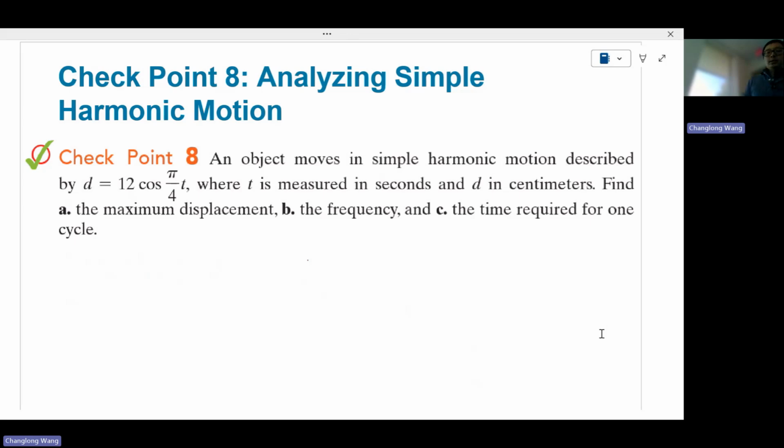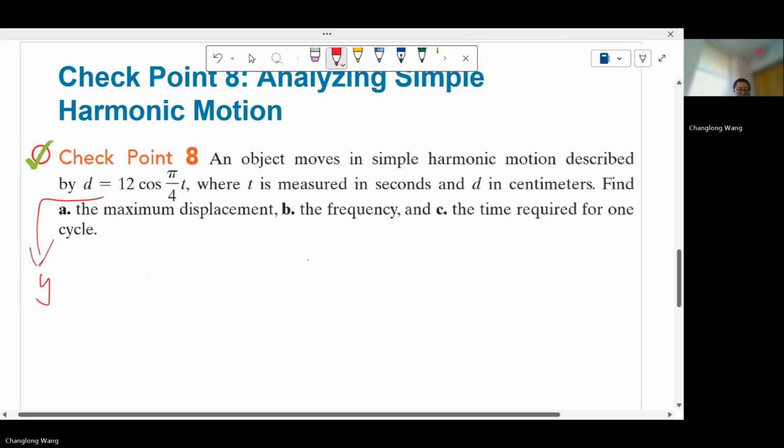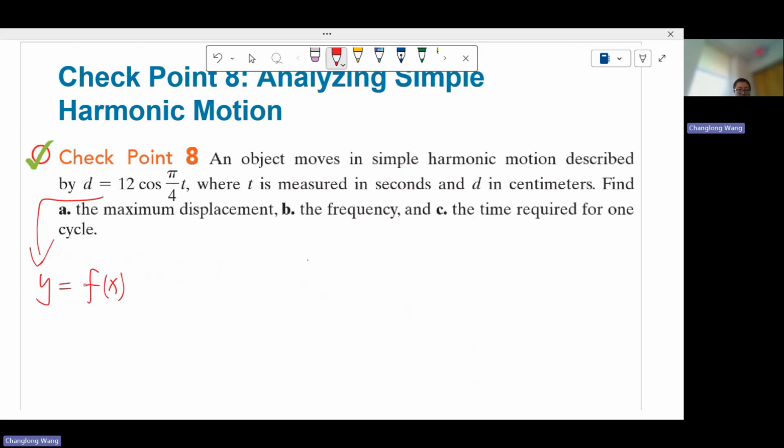Now, if you don't like this kind of real world notation, you can rewrite this function as a dependent variable y given by a function f of x, where x is the independent variable, which replaces the t. So that follows y = 12 cos(πx/4), okay?